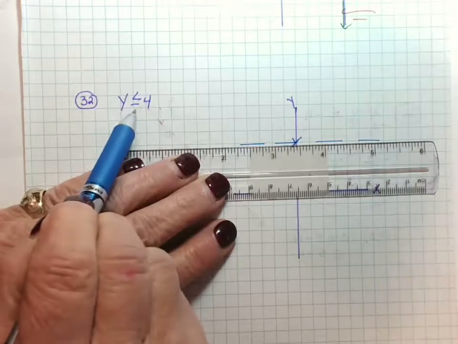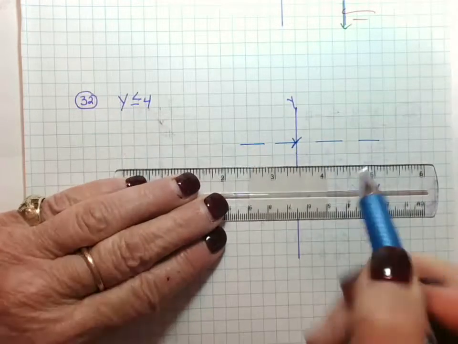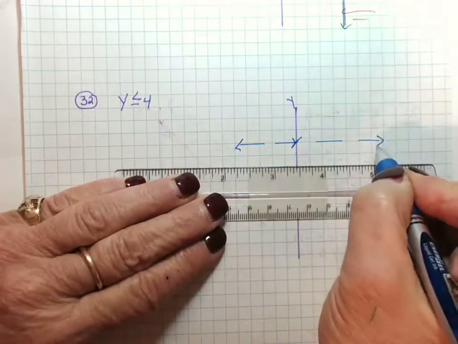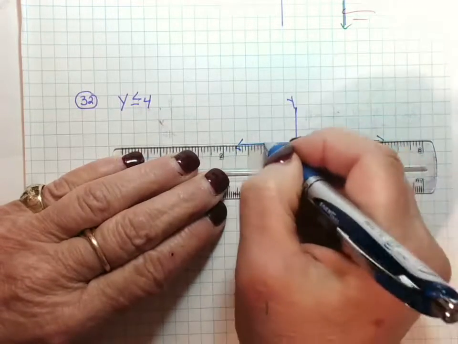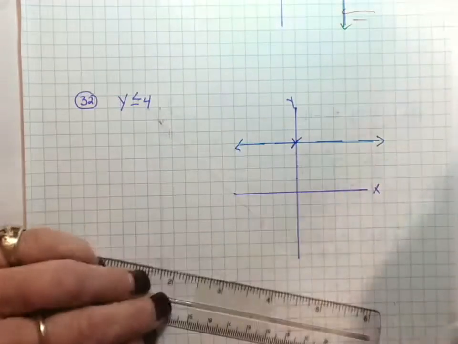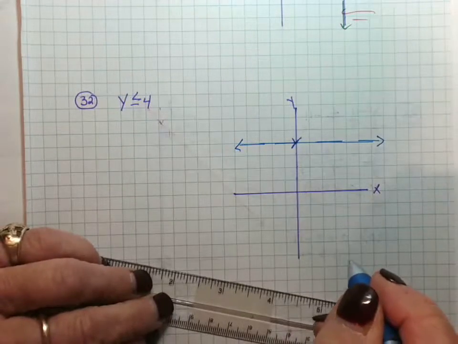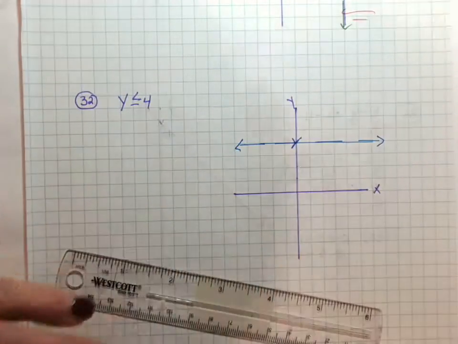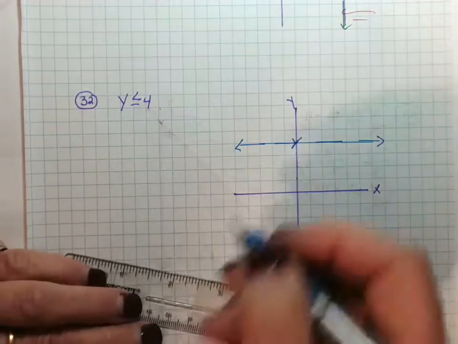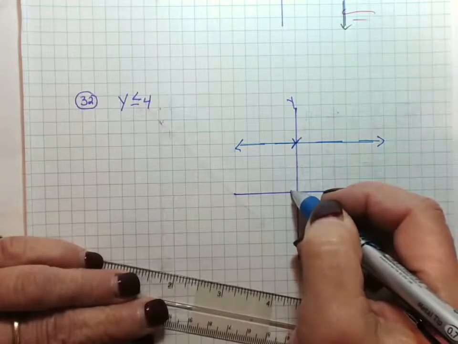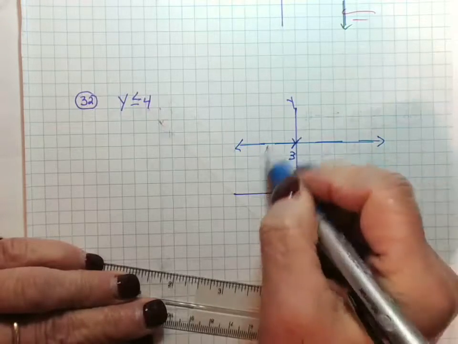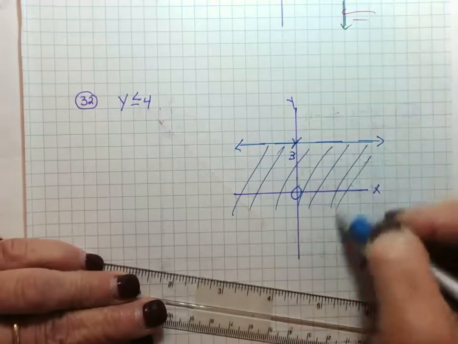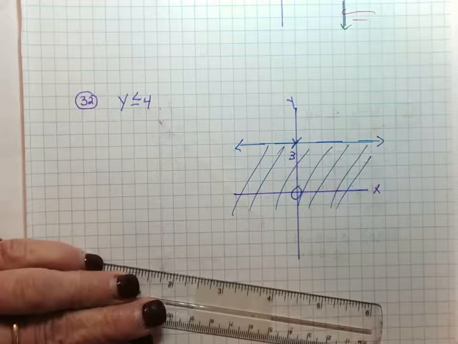If it didn't have the equals, I would draw a dotted line. But it does have the equals, so we draw a solid line. Okay. And it's going to be less than 4. So this is 3. So we should know that we're going to shade the bottom.